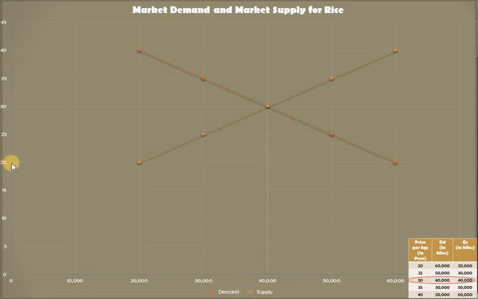Sa ating 20 pesos, nagkaroon tayo ng 60 na demand. Bakit po? Kasi po, mura yung price. But in the eye of the businesses or the supplier, dahil mura ang presyo, hindi muna ako mag-susupply. Hindi ako mag-titinda. Bakit? Kasi po, konti or minimal lang yung aking magiging benta.